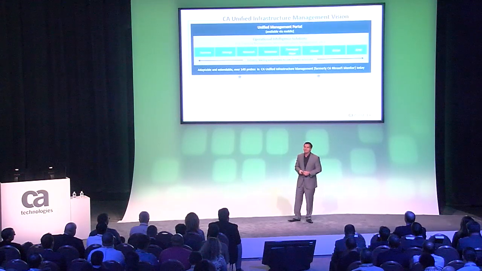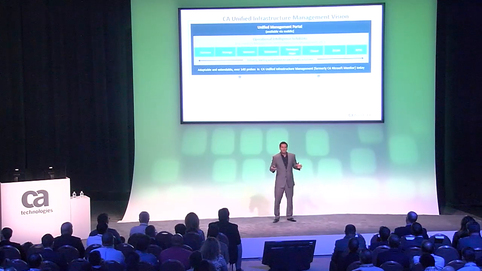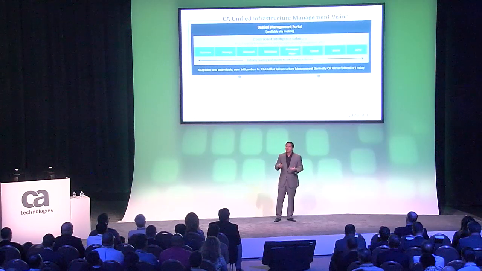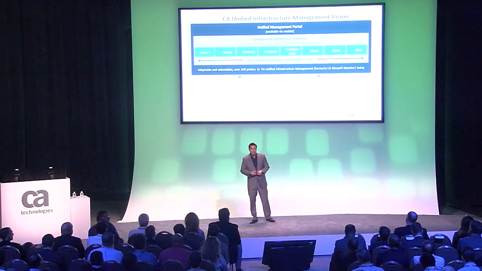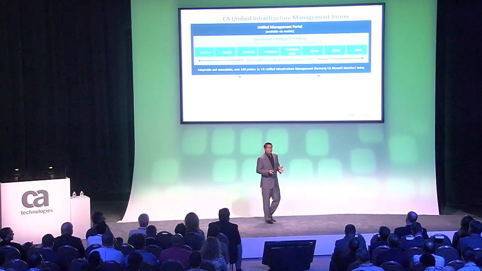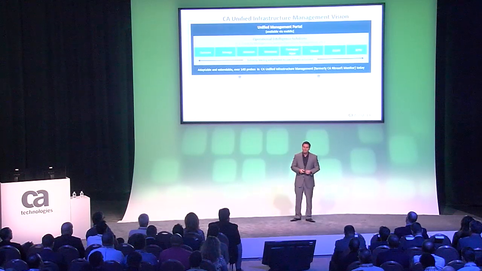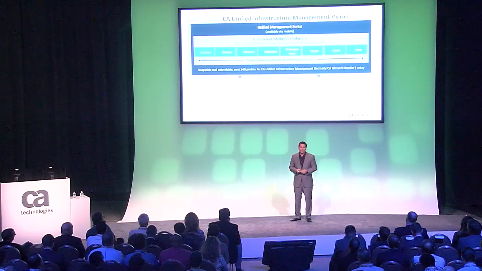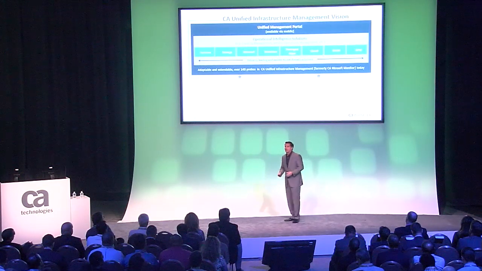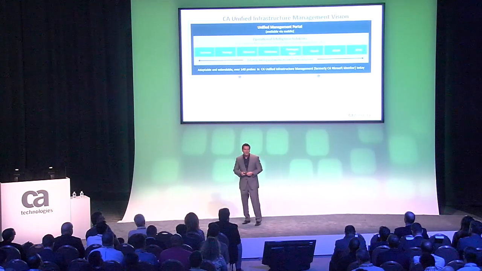Now, comprehensive. We have over 140 out-of-the-box probes for monitoring a whole host of different types of systems, whether they be physical or virtual. We support 5 different hypervisors. Your network, rich network monitoring, including NetFlow. Your storage, a whole host of different storage arrays are supported. Your applications, your facilities, your space, power, cooling.